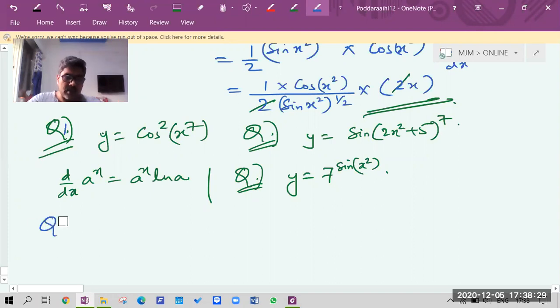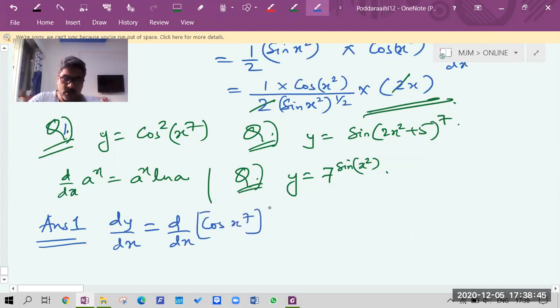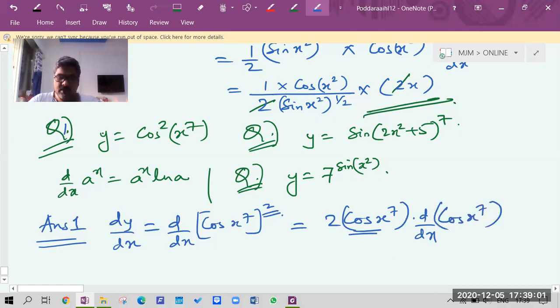How do you go about doing it? dy by dx is d by dx of (cos x raised to 7) the whole square. The very first thing is you attack this algebraic square outside. So you'll get 2 times cos x raised to 7 into the derivative of cos x raised to 7. That's your next attack.